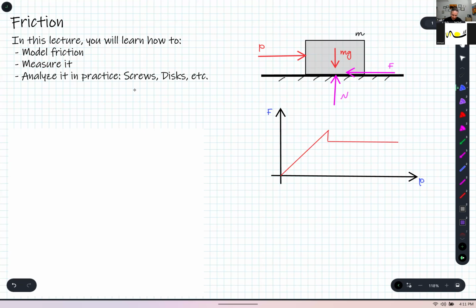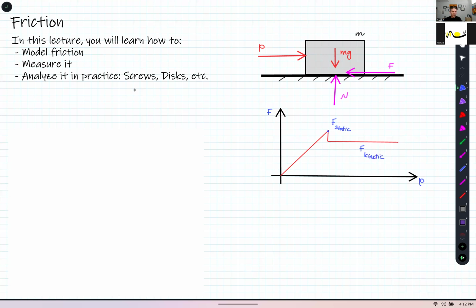Now, if you look at this graph, this maximum value, we're going to call that the static force or static friction. And when it starts moving, we're going to call that kinetic friction.